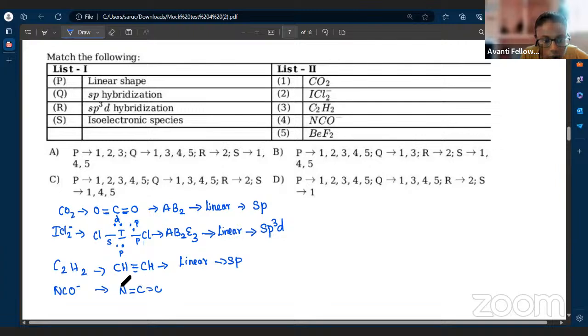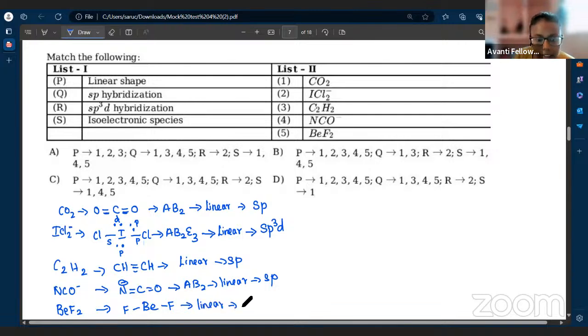Again it is of AB2 type, linear and sp. Then BeF2. What is the type of BeF2? It is again linear.